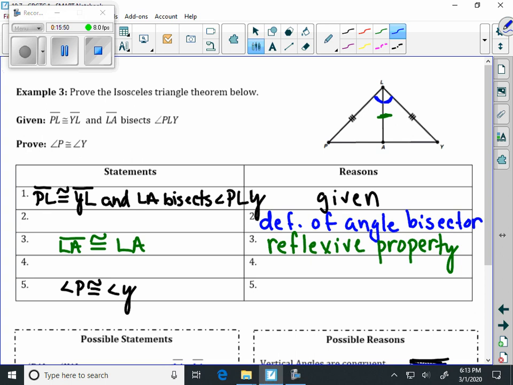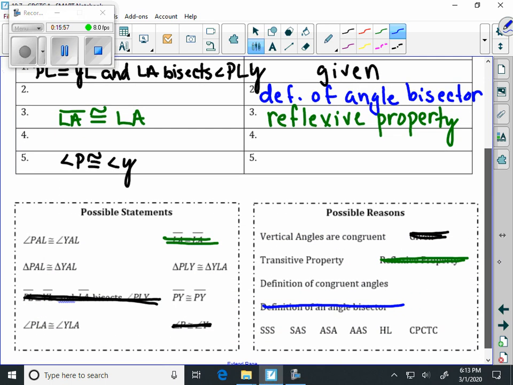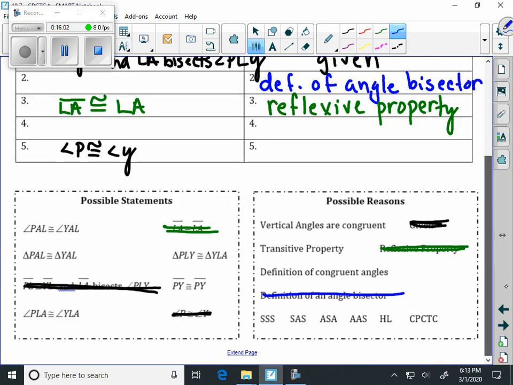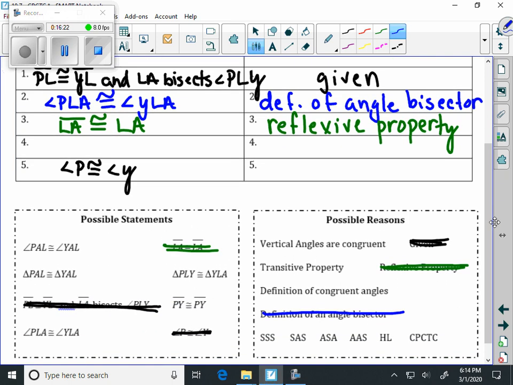So we can say that angle PLA, let me look down below just to make sure that I'm saying it the right way, PLA is congruent to angle YLA, which is at the very bottom left of our possible statements. Angle PLA is congruent to angle YLA. And now that we've got that in, we can cross off that option.